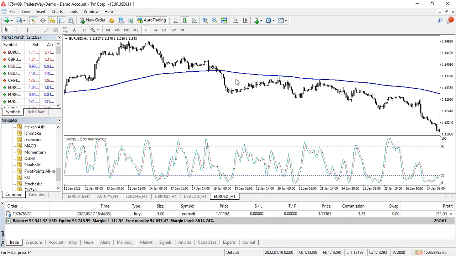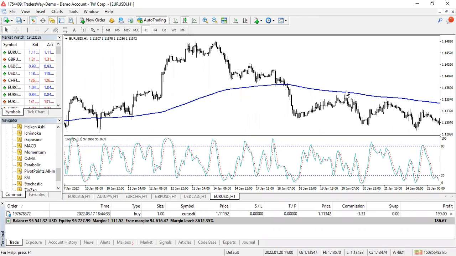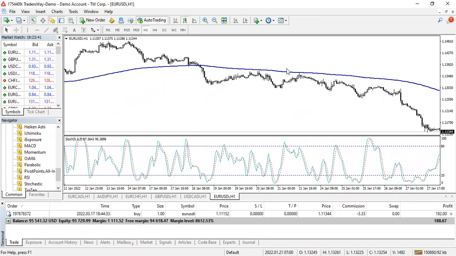The rules of this strategy are that anytime the 200 moving average is above the chart, like something here that is above the market, I should not go for buy. I can only go for sell at this point. Even though it gives me a buy signal, I will not go for buy until it gives me a sell signal.